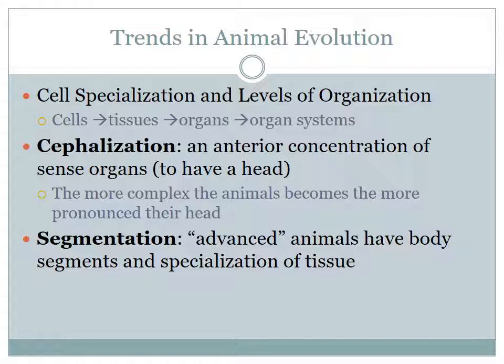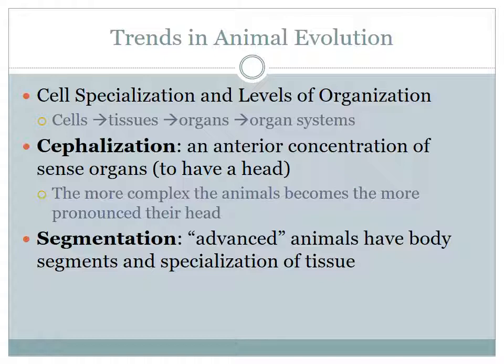As we navigate through the different phyla of animals that we're going to be looking at, we're going to notice certain trends that take place in animal evolution. One is cell specialization, which is tied to the levels of organization. For instance, protists and bacteria are all cells, but you'll find with the animal kingdom, even the most simple animals are more than just one cell.